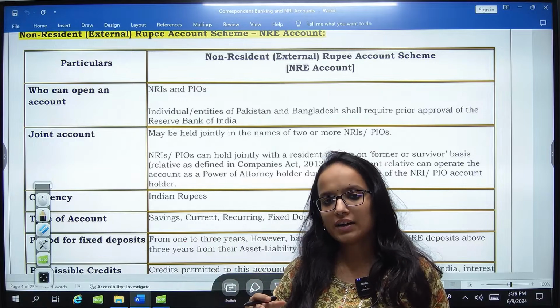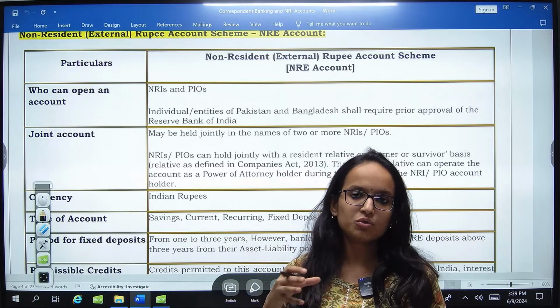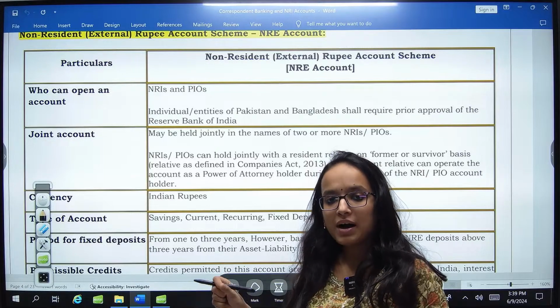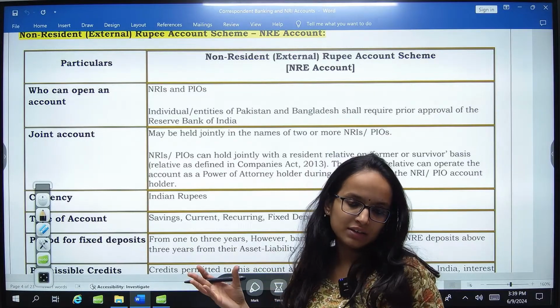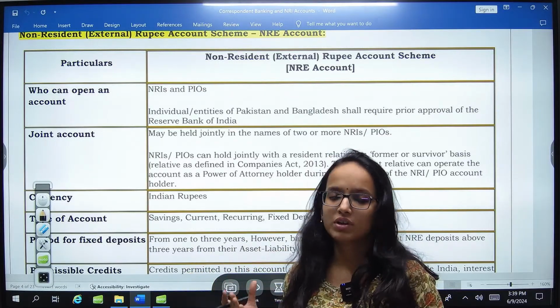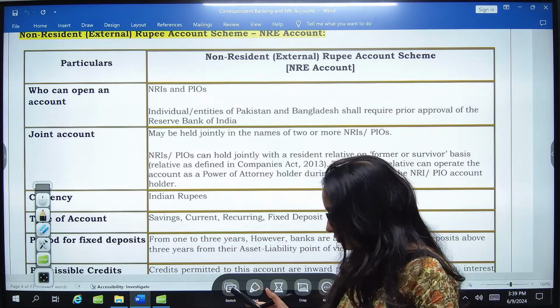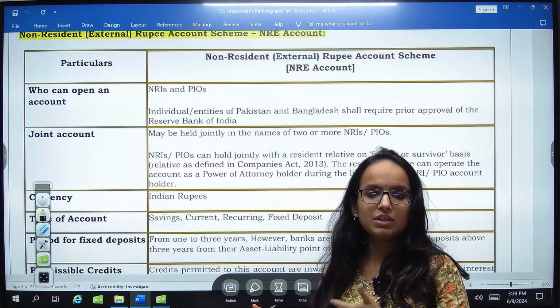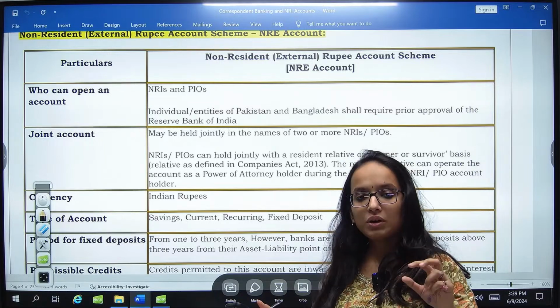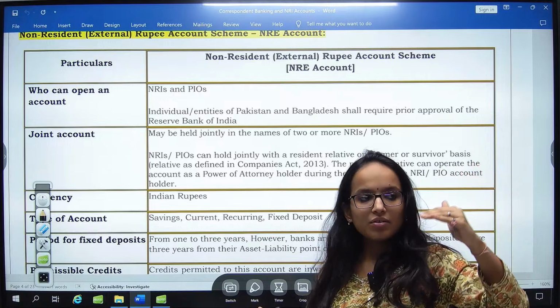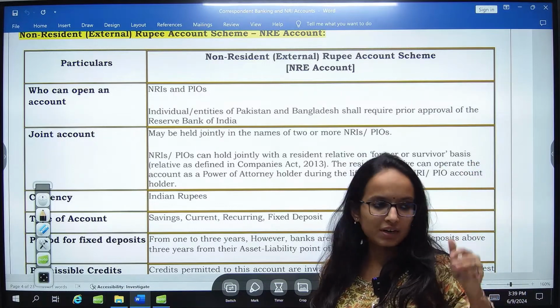I told you that I will discuss the case study. I asked you to read about the case study given below this table. But when I read that case study, there is a mix-up of questions given there. So you will be able to attempt these questions only when we have completed all the types of accounts: the NRE account, the NRO account, the FCNRB account, and all other accounts.